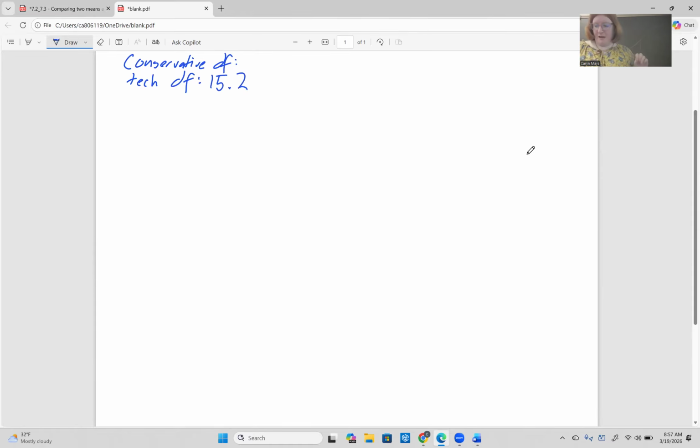I also calculated the technology one: if the book gave it, it would say k equals 15.2. You're welcome to work with either of those as your degrees of freedom, but there are two different ones.